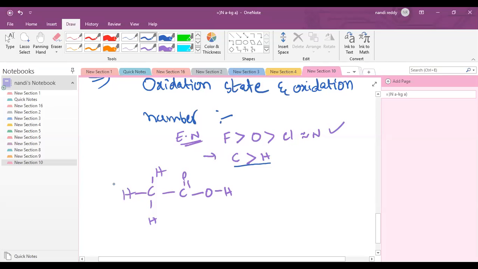Here hydrogen has +1 because generally it is +1. Anyway, I am considering carbon more electronegative, so this is +1, here +1, here also +1. So these hydrogens are +1, which means this carbon should be -3. This should be -3.